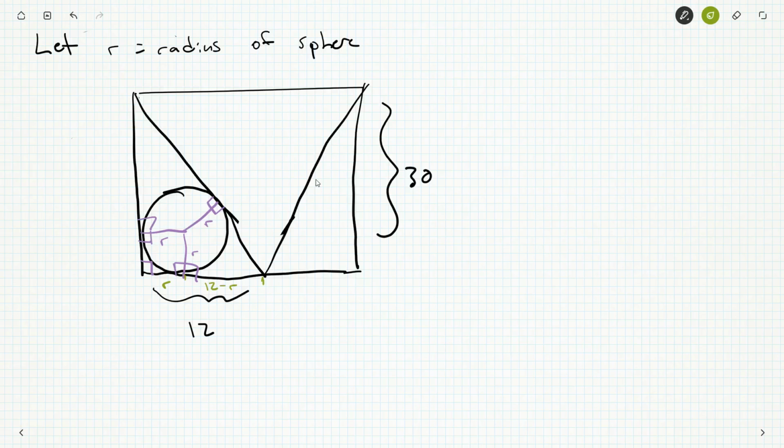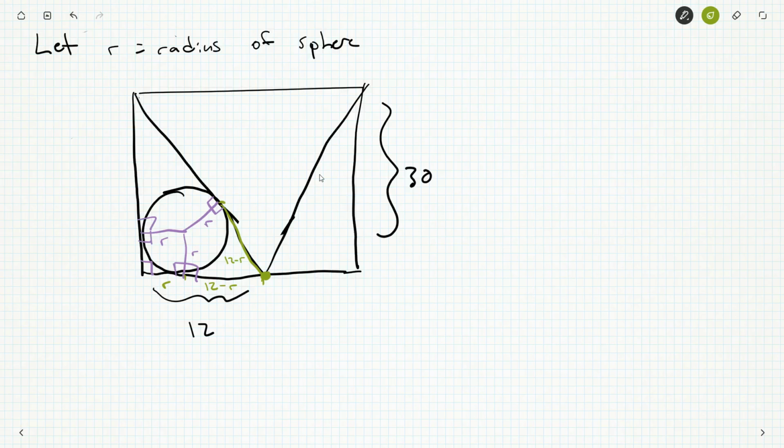Well, I suppose this distance here becomes 12 minus r, because we've got a point out here outside the circle, and both of these are the two tangent lines to the circle, so it's the same distance from the points of tangency to that external point there.